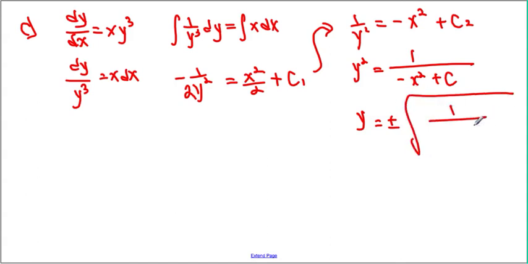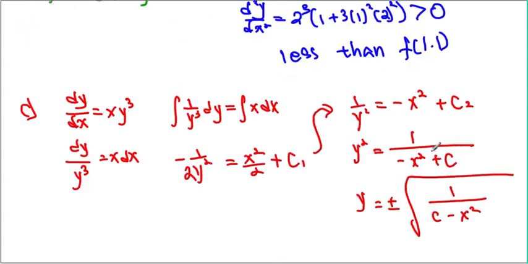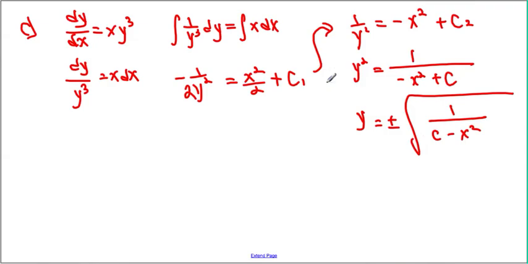And we have 1 over c minus x squared under a square root. Now let us plug in the values. When x equals 1, y has to be equal to 2. Since it's a positive value, we assume it's positive. So 2 equals square root of 1 over c minus 1 squared.